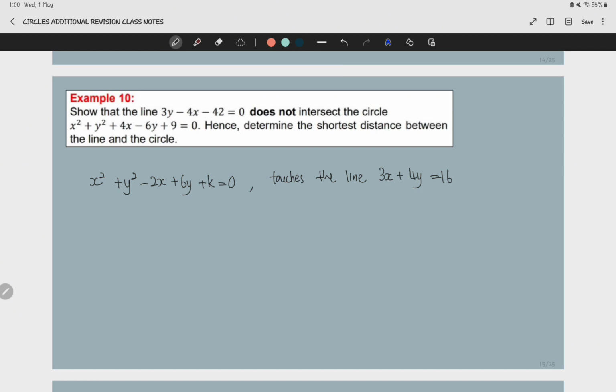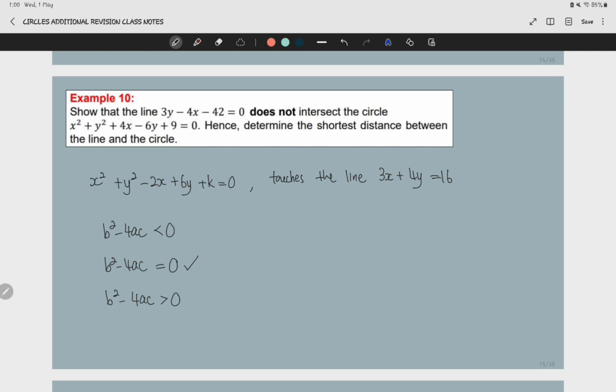Remember back in semester 1 during the function topics, we learned that b square minus 4ac less than 0 means no roots, no intersection. b square minus 4ac equals 0 means they have one intersection point. b square minus 4ac more than 0 means we have two intersection points. So in this situation, you will use the second one, b square minus 4ac equals 0. Then you can find your k value.